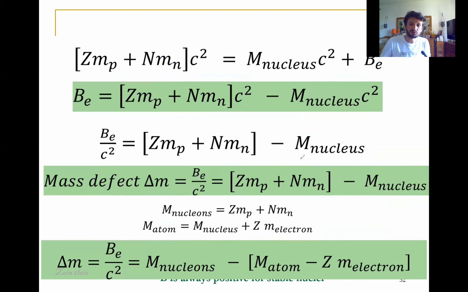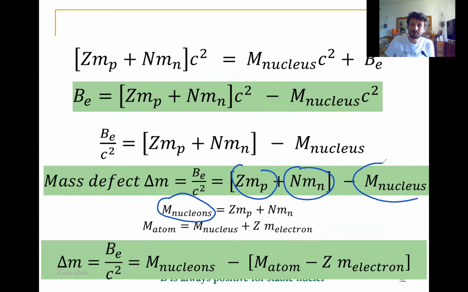So we can substitute the value of Z Mp plus N Mn, which is the mass of the nucleons. And we can substitute the value of M nucleus by M atom minus Z M electron.